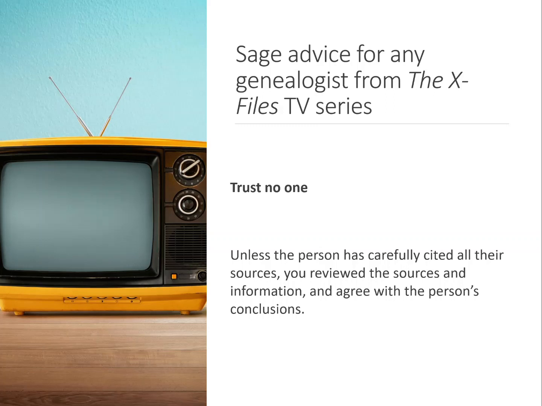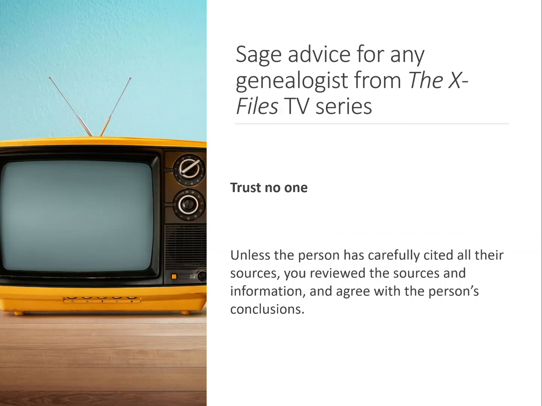I mean, if you find somebody that you've looked at lots of their work and they've had a track record of hitting everything on the mark, I would still use their work carefully, but I wouldn't just copy it. I would look at all their sources, really listen to what their justification is for why they think the source proves their point.